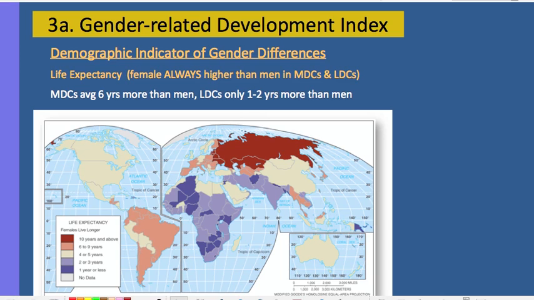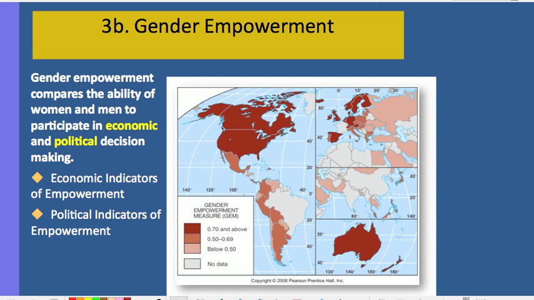Alright, so that's basically your gender inequality or gender equality. Then there's gender empowerment. Empowerment is the ability, the power, to make decisions. So women can participate in economic and political decision making.